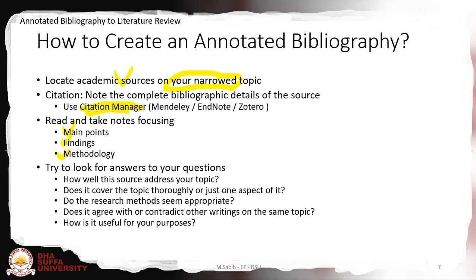Then try to look for answers to your questions. For example, how well does this source address your topic, and does it cover the topic thoroughly or just one aspect? And does the research method seem appropriate? If the method they use and the methods that you are going to use are far apart, you may not use that source.